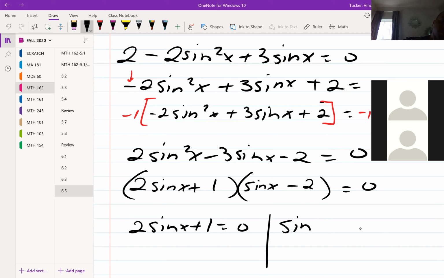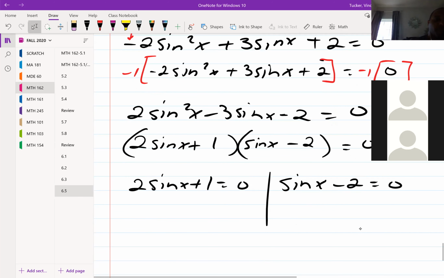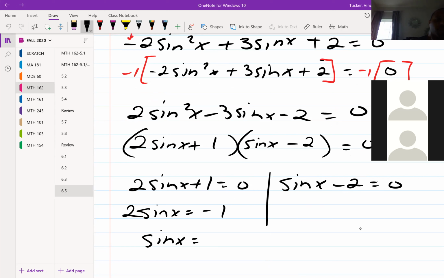Set each equal to 0. Subtract 1. Divide by 2. Here I will add 2.